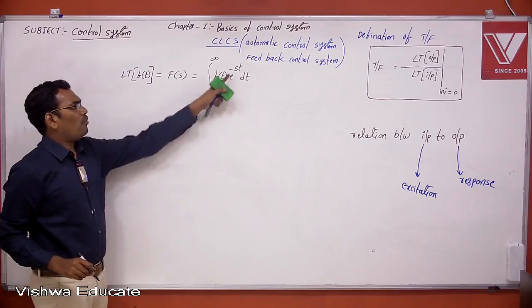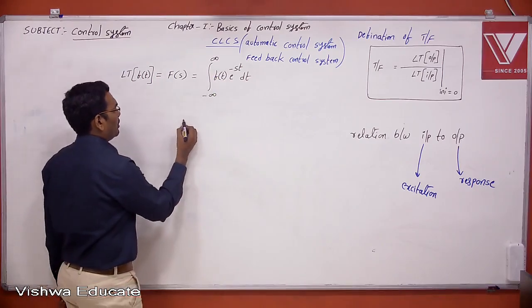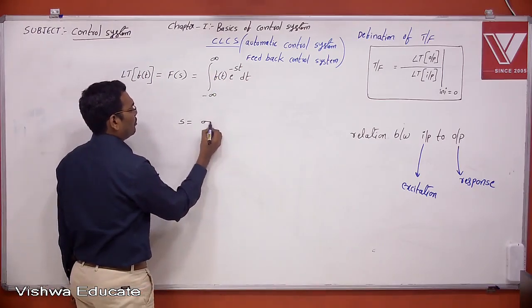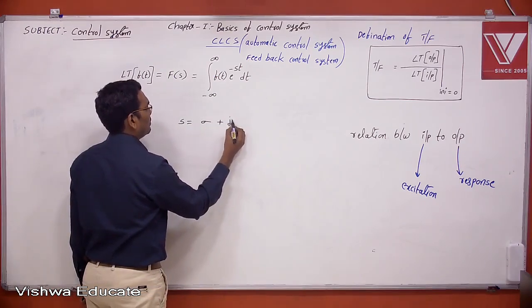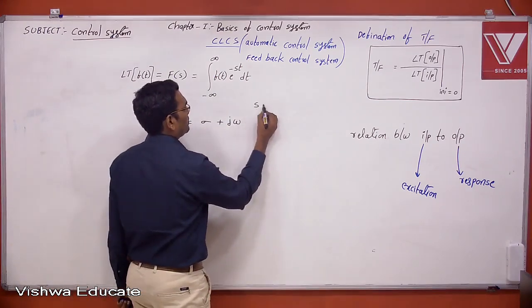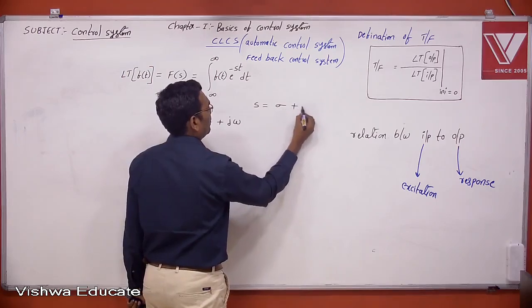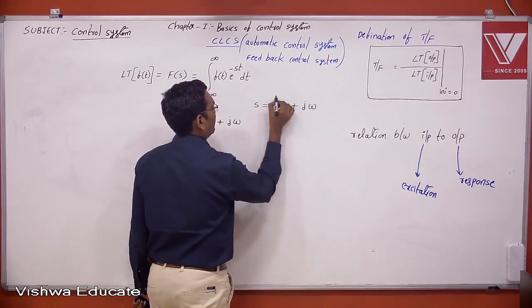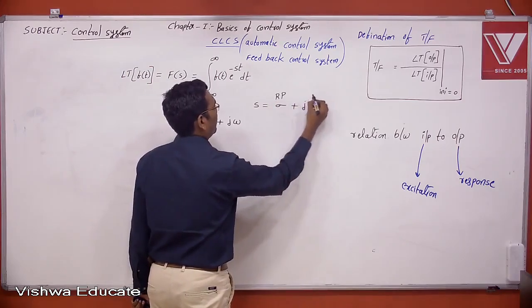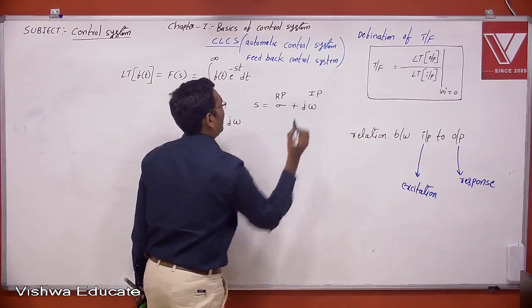Now, what is s? You already know that. s is equal to sigma plus j omega. This is the real part, and this is the imaginary part.